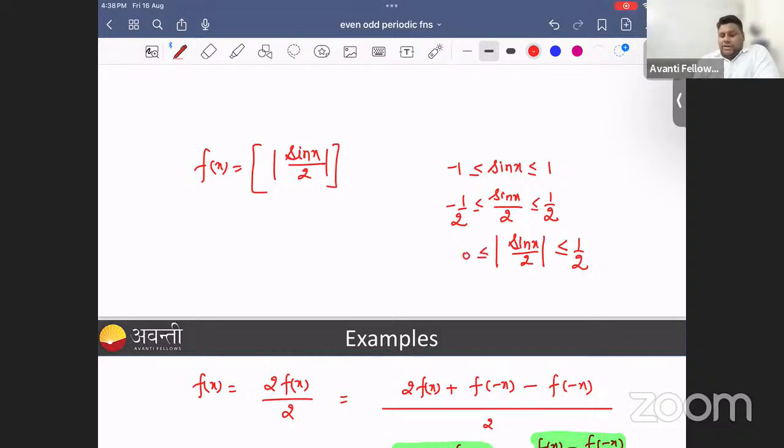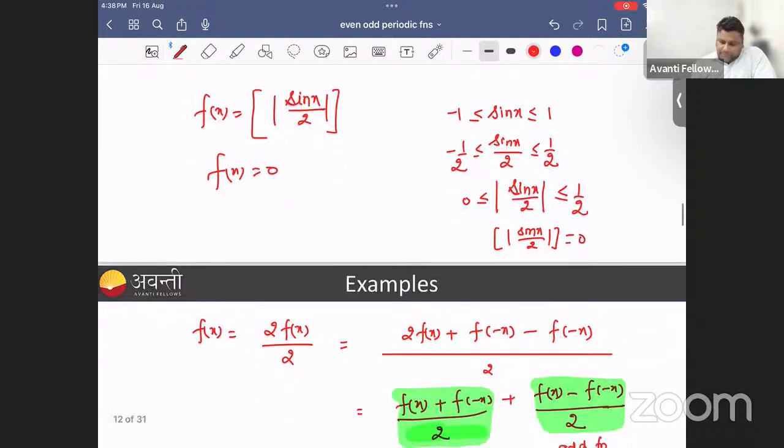So if this quantity |sin x|/2 is lying between 0 and 1/2, the greatest integer of |sin x| upon 2 is going to be 0. So the function is f(x) equals 0. And if the function is f(x) equals 0, it is considered as even as well as odd. Saying it is only even is a bit of a lack of knowledge, I would say.